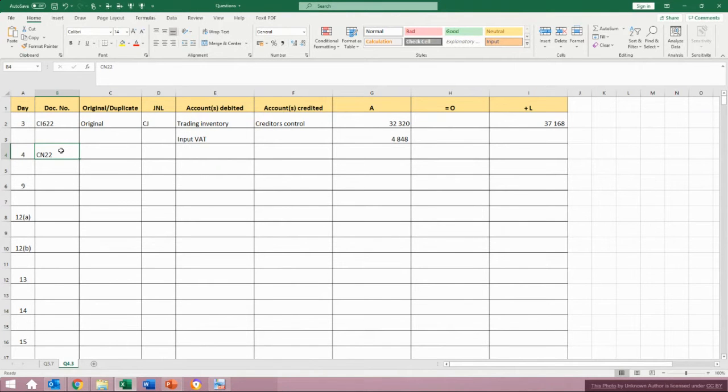Okay, who can tell me if I receive a credit note from my debtor? Okay, so returned one faulty cartridge bought from Choice Toys. So I'm returning something to my supplier. Do you think this will be original or duplicate document?